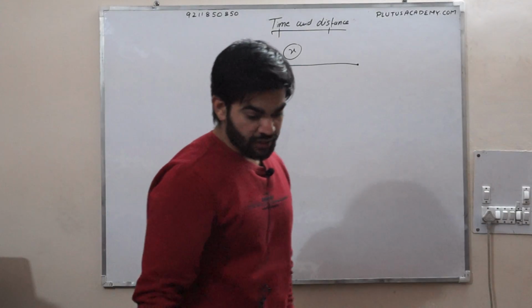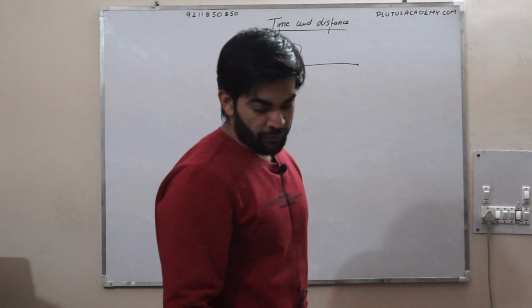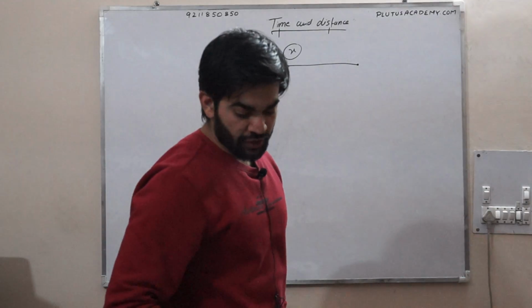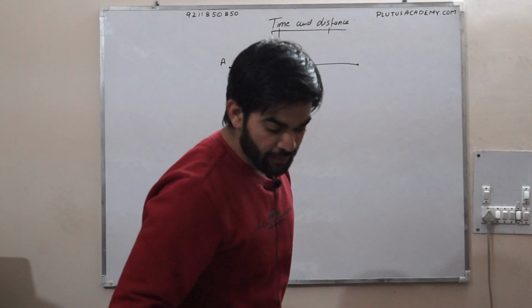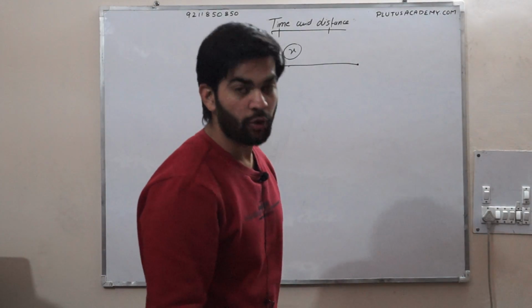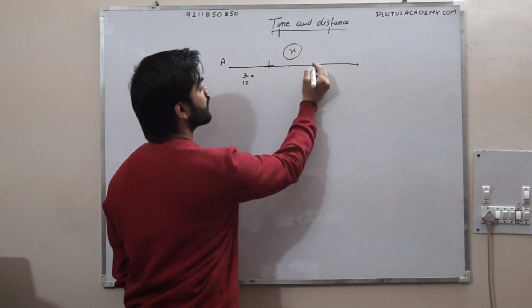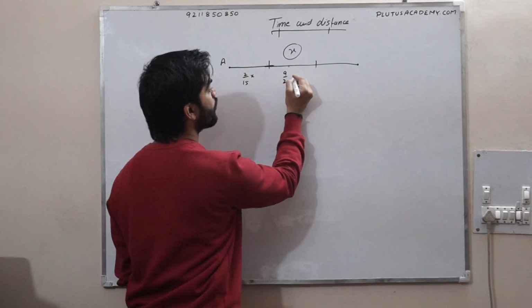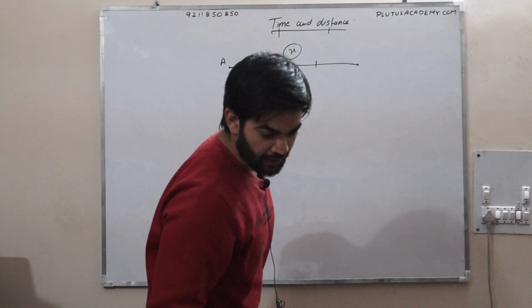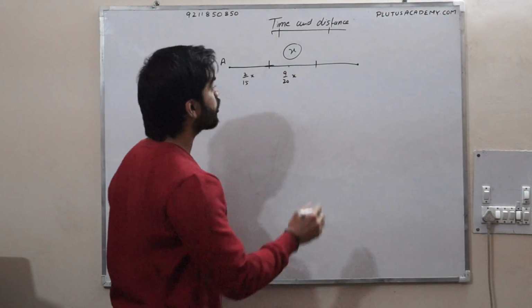And again saying, a man performs 2 by 15 of the total journey by car, 9 by 20 by bus, and the remaining 10 kilometer. It means this is 2 by 15, again 9 by 20 of x, and remaining 10 kilometer by foot.